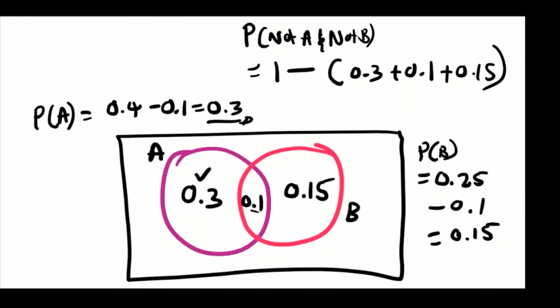So you're just going to add all and subtract from 1, and you should get 0.45. So here it's going to be 0.45.